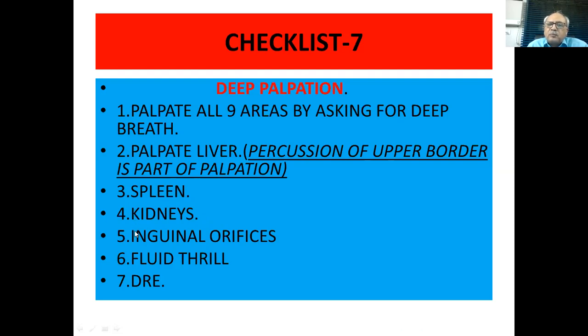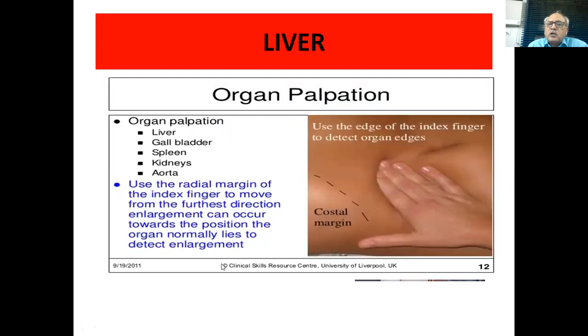At number 5, after palpating kidneys, you palpate the bilateral inguinal orifices. You place both palms of your hands at both inguinal orifices and ask the patient to cough, and you palpate the impulse on coughing. After that, you perform the fluid thrill, and at the last, you ask the examiner whether you may perform a digital rectal examination of your patient.